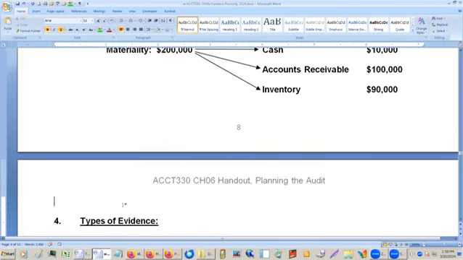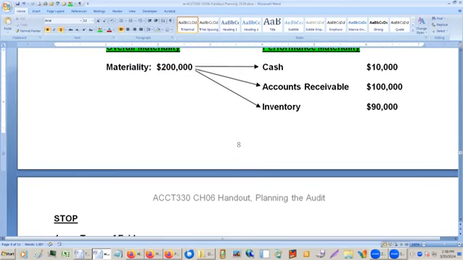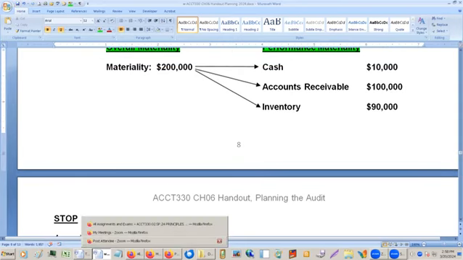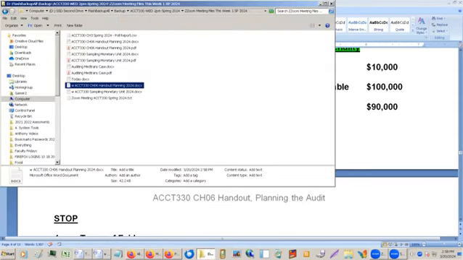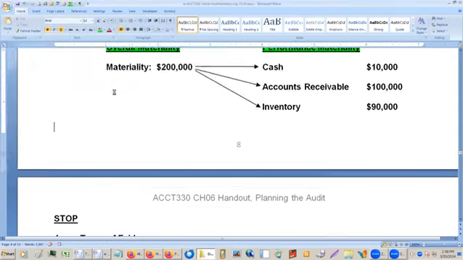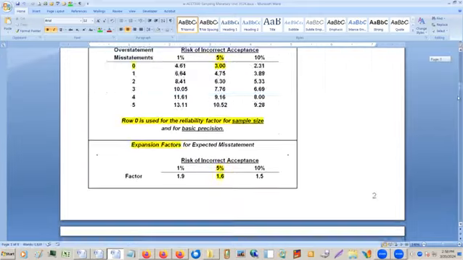Okay, let's stop here, and we will come back and do, I think we just got one more problem on here to do.